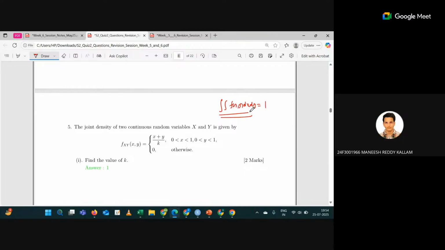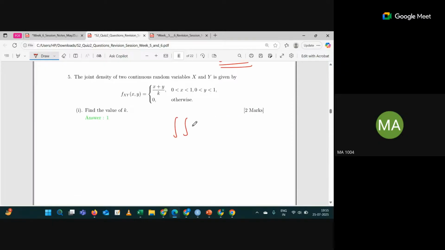From there, we get k is 1. Should I solve it or move on? Not required. The approach is that you integrate the whole thing, x plus y divided by k, dx dy, since the support is 0 to 1 and 0 to 1. You equate it to 1 and you will get the value of k as 1.